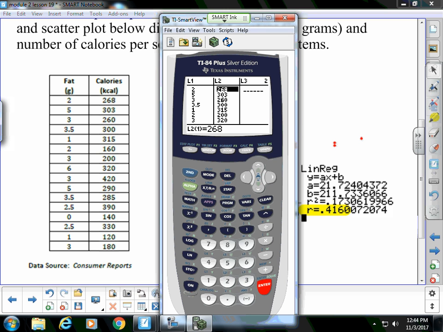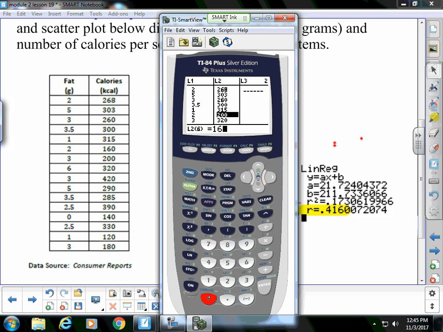2, 268, 5, 303, 3, 260, 3.5, 200, 1, 315, 2, 200. Wait, 2 is supposed to be the 160.